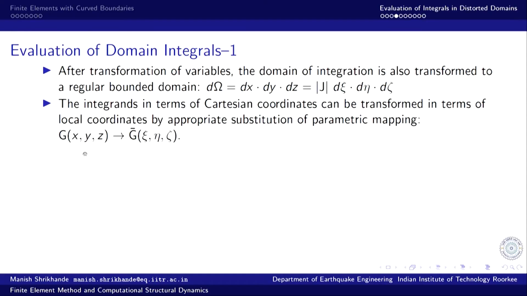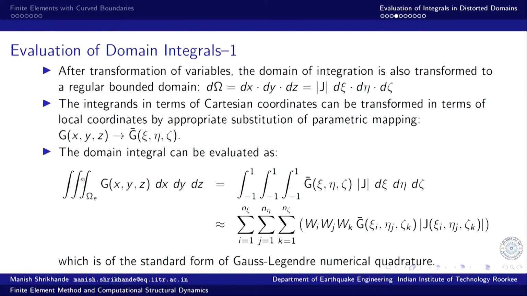So essentially any general function of x, y and z can be transformed into a corresponding equivalent function of xi, eta and zeta, and that becomes the new integrand, and the domain integral which integrates over the element domain omega e.